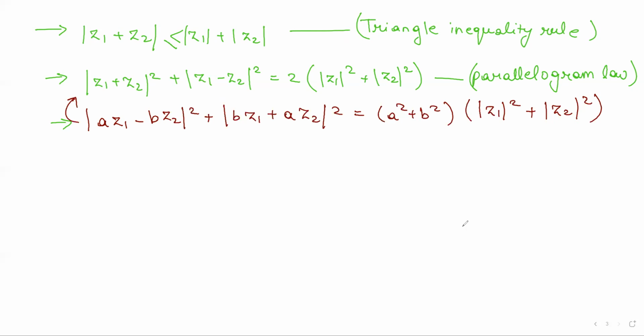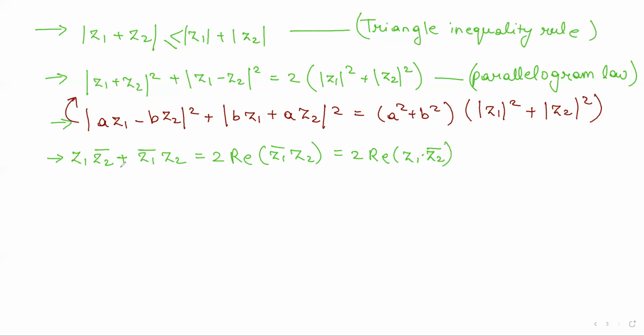Next. The next rule states z1 into z2 conjugate plus z1 conjugate into z2. If you take something like this, you will get 2 times the real value of z1 conjugate into z2, which will also be equal to 2 times the real value of z1 into z2 conjugate.